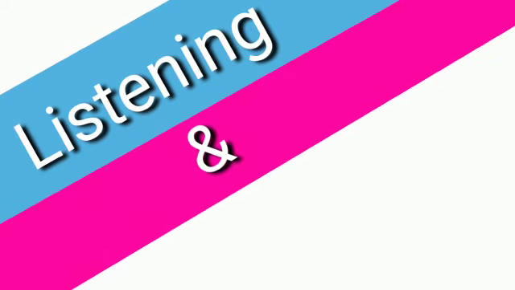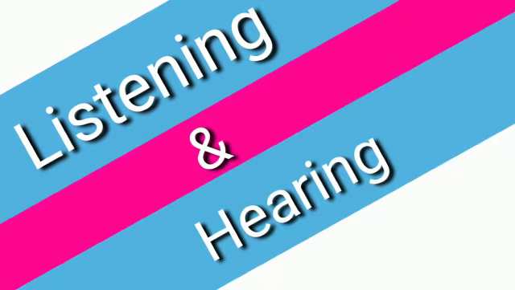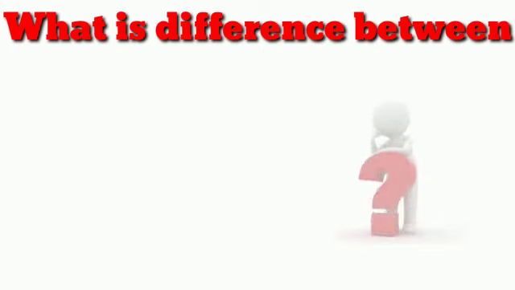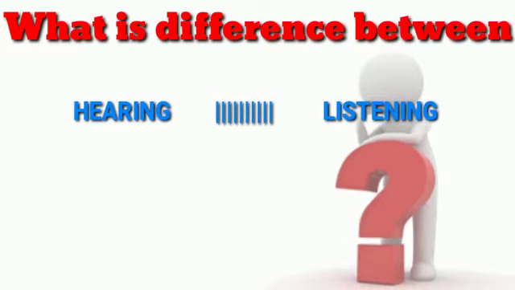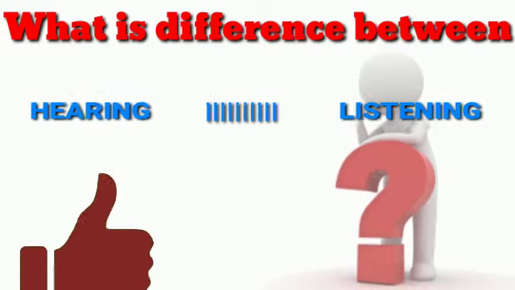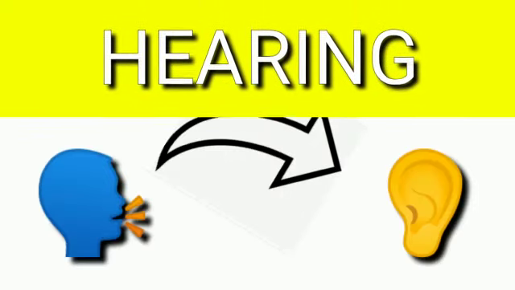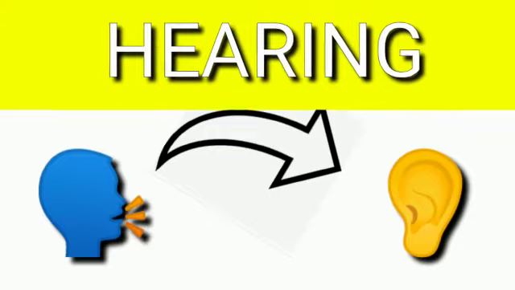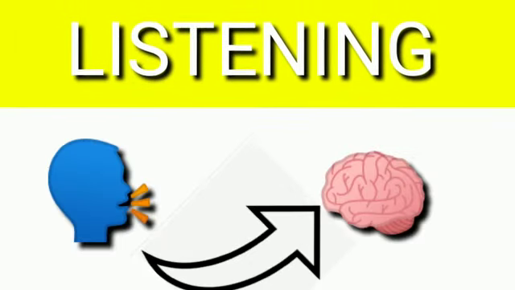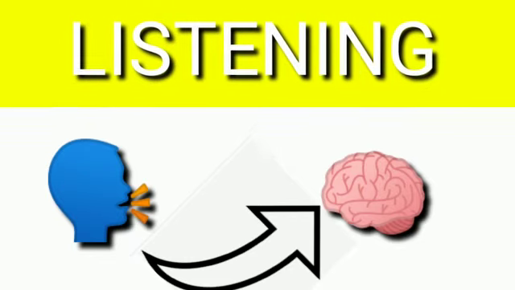The terms listening and hearing are closely related, but still they are different. So what is the difference between hearing and listening? Hearing is simply allowing the voice to enter the ears without understanding and inheriting the message, while listening is understanding the voice and even inheriting it.